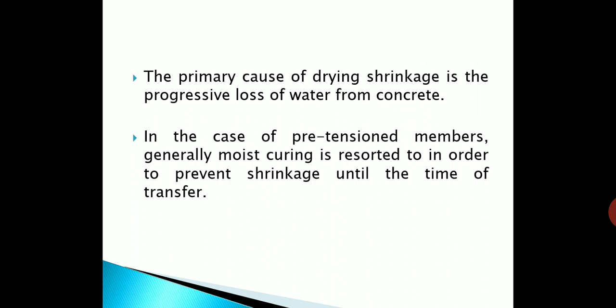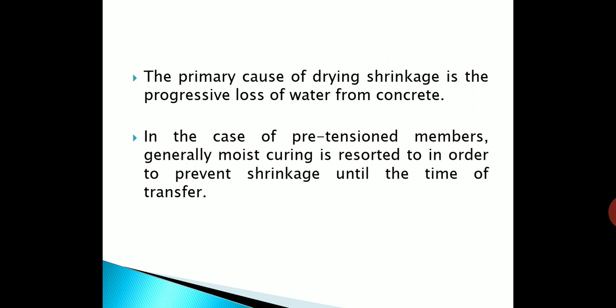The content of water is lower in the concrete produced, which will easily undergo shrinkage if proper measures are not taken, and if it undergoes shrinkage easily, it results in considerable losses of prestress.